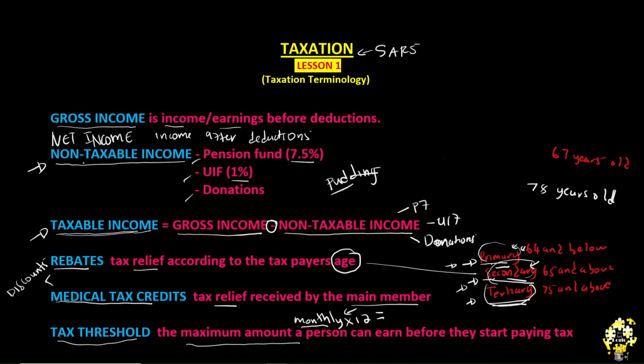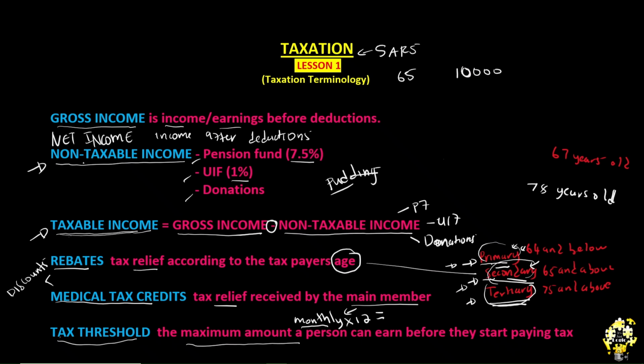I'll make an example for you. Usually it goes with age as well, and you will see that. If a tax threshold table says that for people who are 65 and below, or whatever the age is going to be, the tax threshold is 10,000.